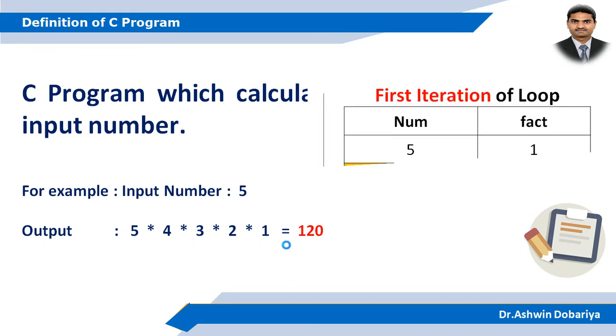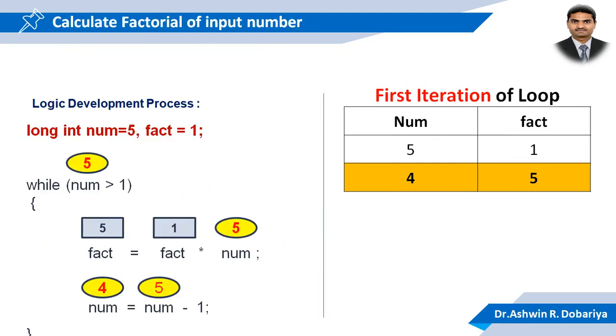Now let me think about the other part of the logic. How many variables do we require in this program? One is the input number. Here, instead of integer, we will take a long integer, because we know that the limit for the integer number is only minus 32768 to plus 32767.